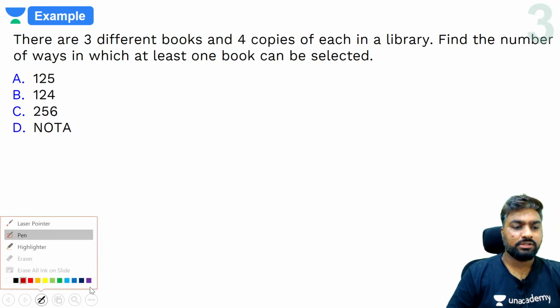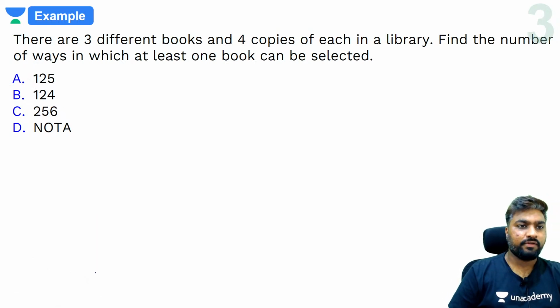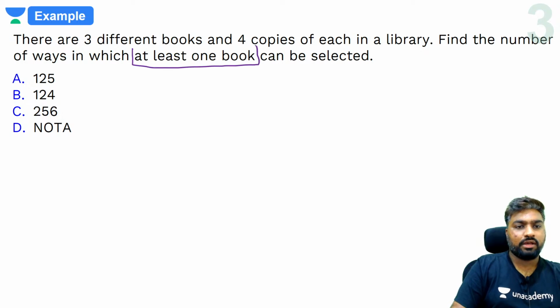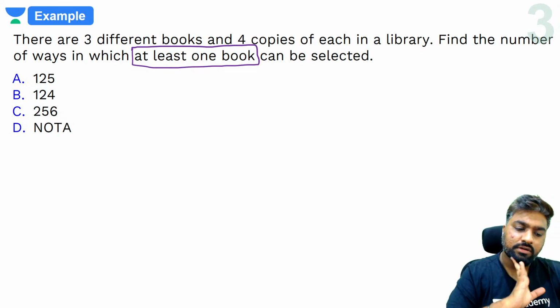Now try this out. Read this question carefully. There are 3 different books and 4 copies of each in a library. Find the number of ways in which at least one book can be selected. Go ahead.